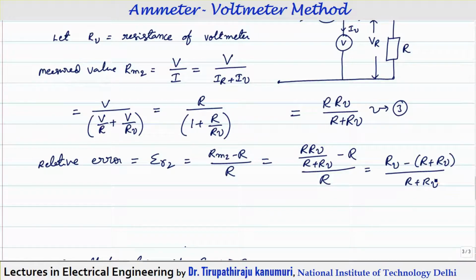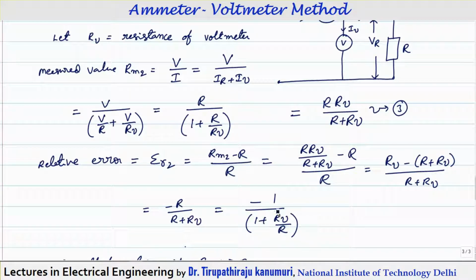Agree with me? So this will be equal to minus R divided by R plus RV, or this I can write as minus 1 divided by 1 plus RV divided by R, because we can take this R to the denominator, divided by R here also.